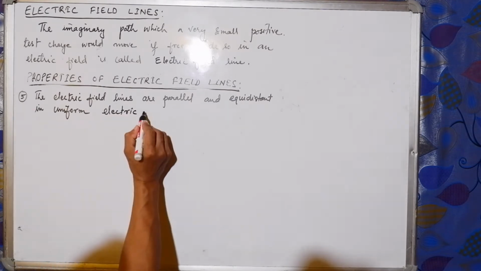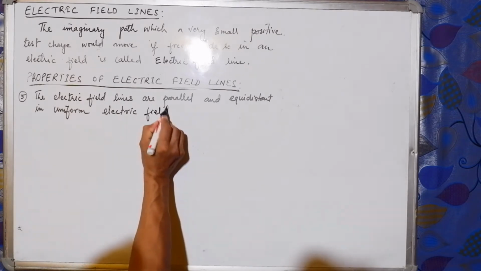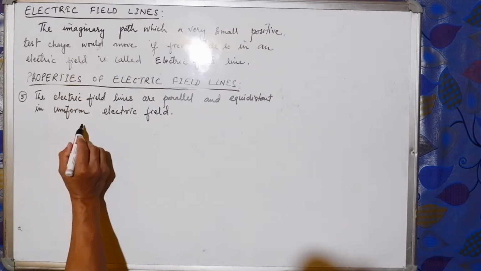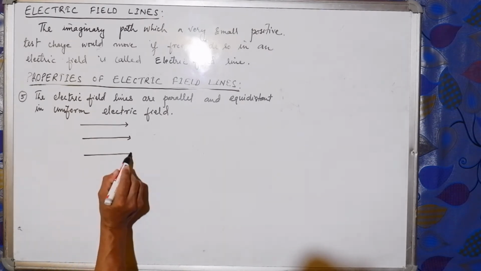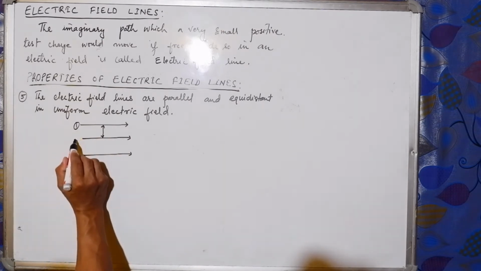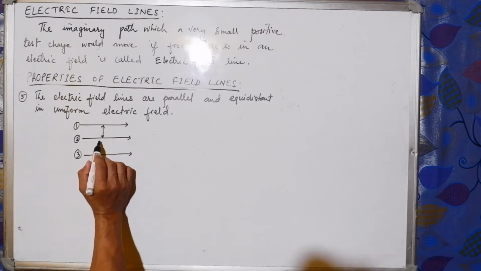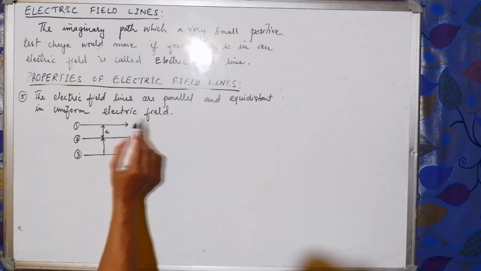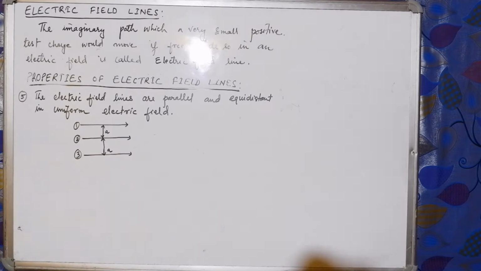So if the electric field is uniform, what happens to the electric field lines? They will be parallel and equidistant to each other like this. So we can say the distance between, let us say, field line number 1, field line number 2, field line number 3. The distance between field line number 1 and number 2, let us say it is A. Therefore the distance between electric field lines number 2 and number 3 also will be A. They are of equal distance.